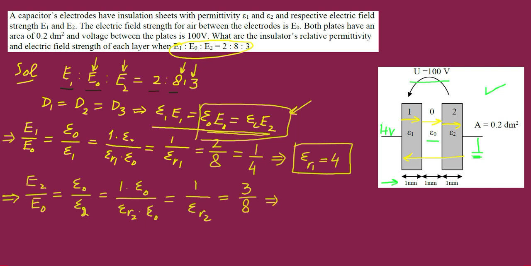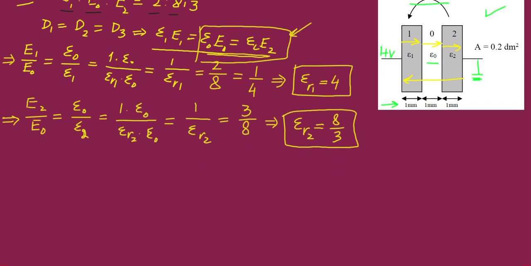Therefore epsilon r2 will be equal to 8 over 3. So we found the relative permittivity of material 1 and material 2. If we want to find the absolute permittivities of these materials, we can multiply these relative permittivities by the permittivity of free space.